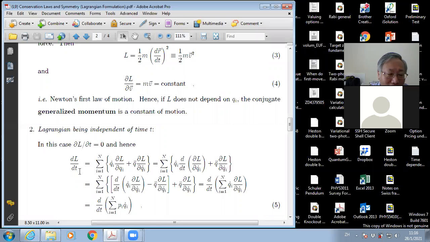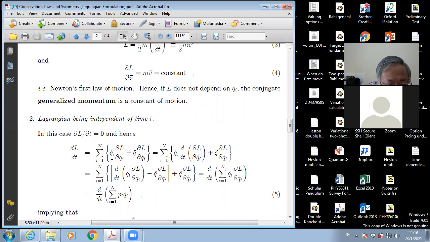So we apply the chain rule here, the first term due to qi, the second term due to q̇i. So we take a close look at the first term.